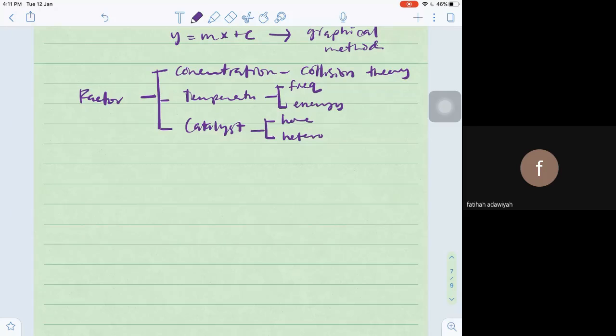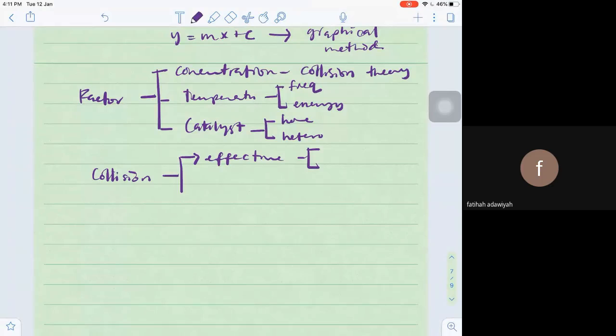In these factors, we also discuss that there are two types of collision. A collision that leads to the product is what we call the effective collision. It has two requirements.